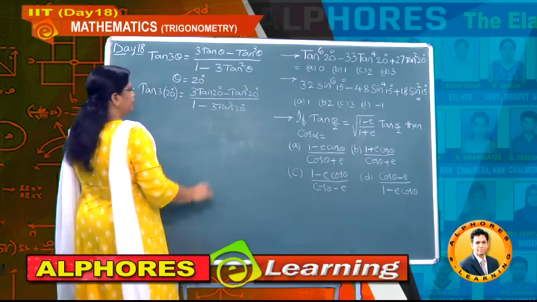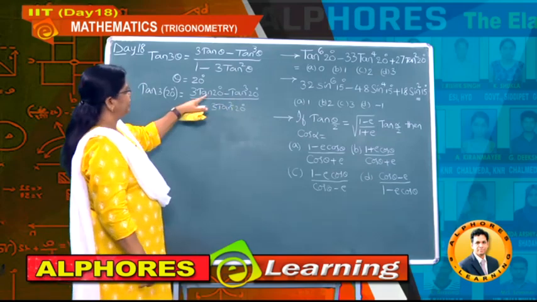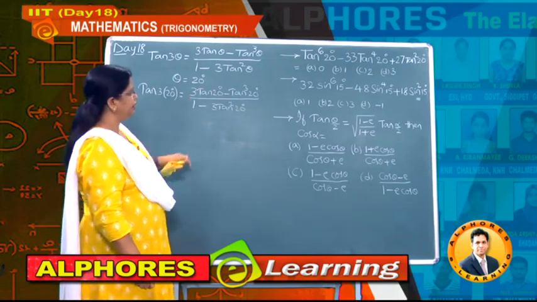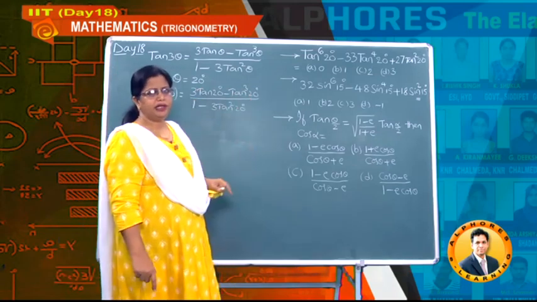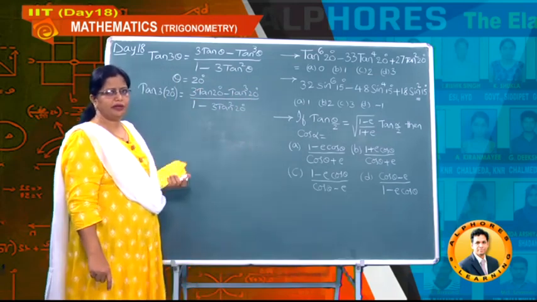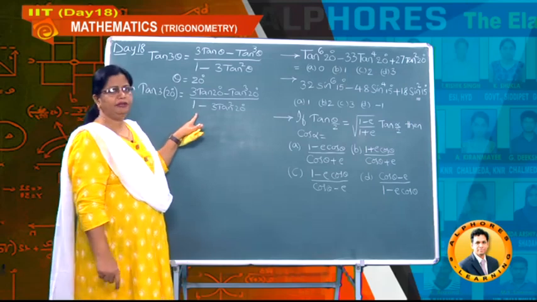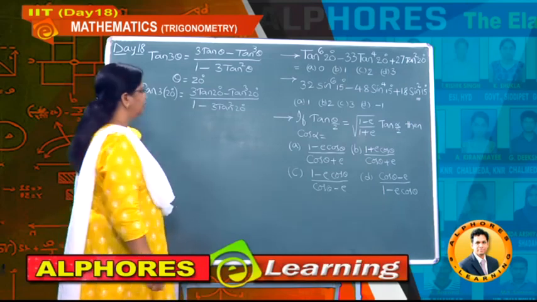Now what is happening here? This entire value is there, but we have tan to the power of 6, and hence we square both the sides. At the same time let us do cross multiplication also.